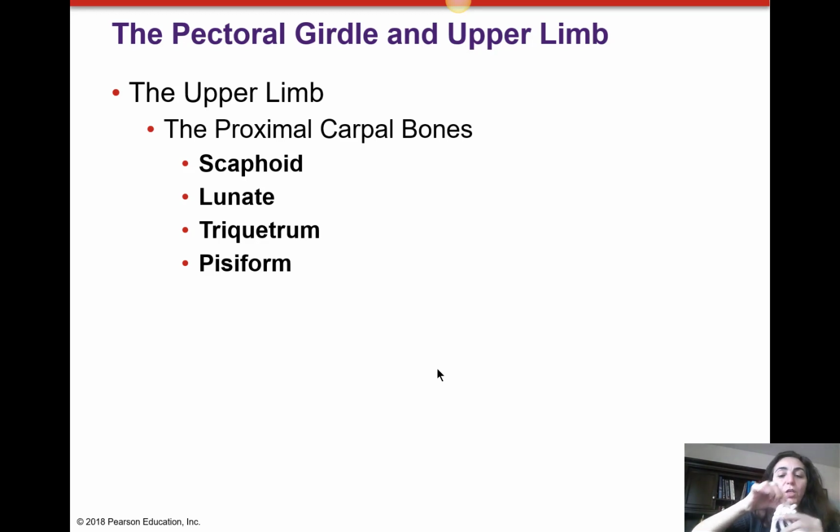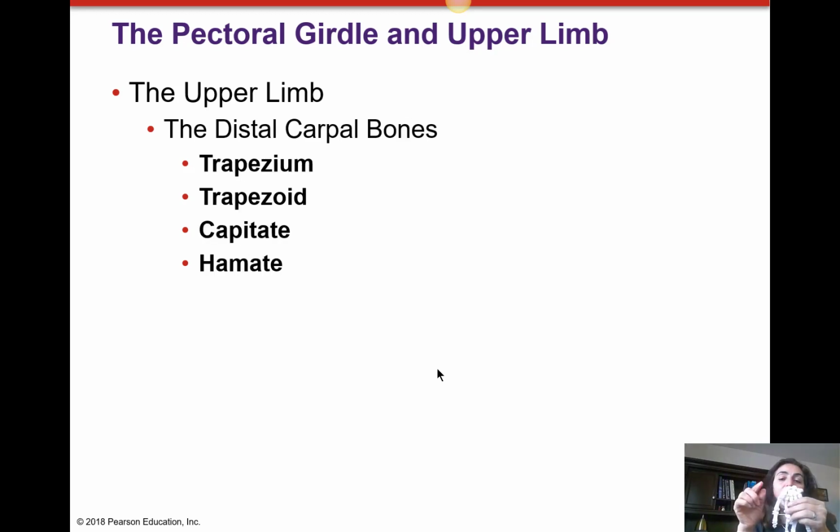If you look at the side of the lunate, you will see it is a C shape like a moon. Lunar means like moon, right? Lunate has a C shape on the joint side, so we call it lunate. Then we have triquetrum, and then finally this pisiform is the tiny small bone over there that we may talk about, what kind of bone is pisiform.